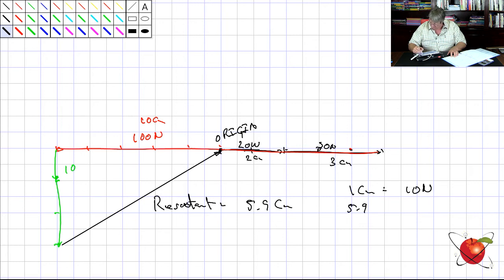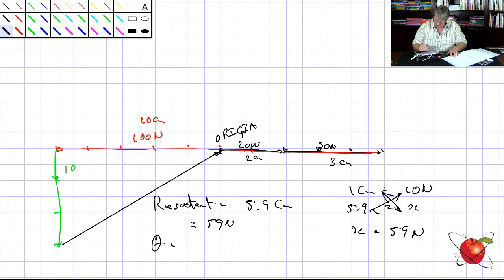Therefore, I measure 5.9, we need x. Cross multiply, x is equal to 59 newtons. So my resultant is 59 newtons. And the angle theta, I measure theta down that way, and I end up with 31 degrees south of west.